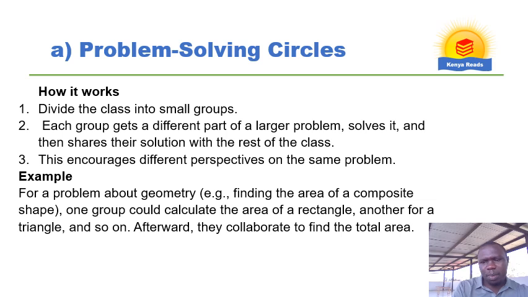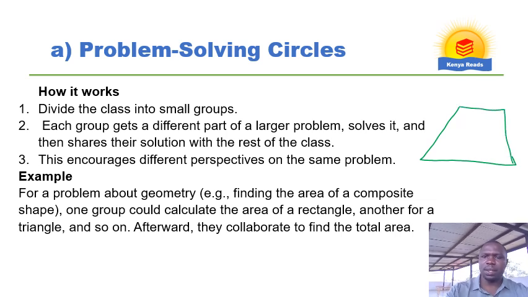So in the problem solving circles, we put learners into small groups, and we give them, for example, parts of a problem to solve. We know very well we have what we call composite shapes, like a trapezium.